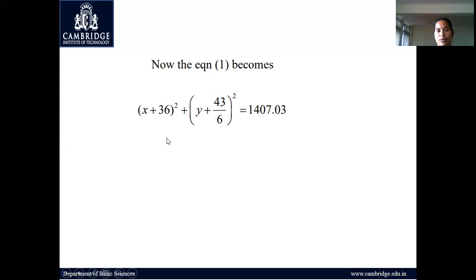Now we collect x square, y square, the coefficients of x and y, and the constant term to write the final solution of the given equation. So here we have x square plus y square plus 72x plus 14.33y. After subtracting this, 36 square and 43 by 6 whole square, with this value we get minus 59.67. So this is the equation of the circle of curvature.